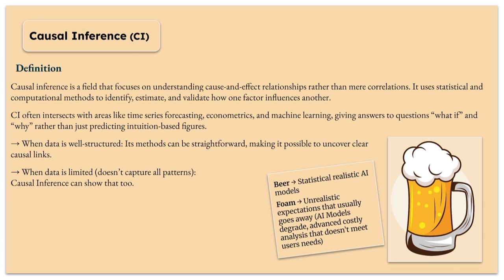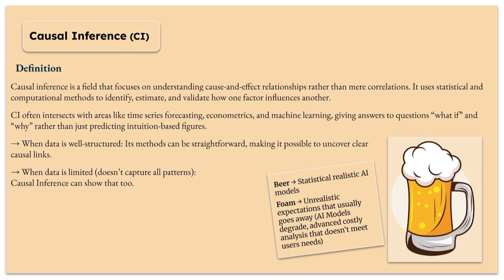CI often intersects with areas such as time series forecasting, econometrics, and machine learning, and it helps give answers to questions like what if and why, rather than just predicting intuition-based figures.